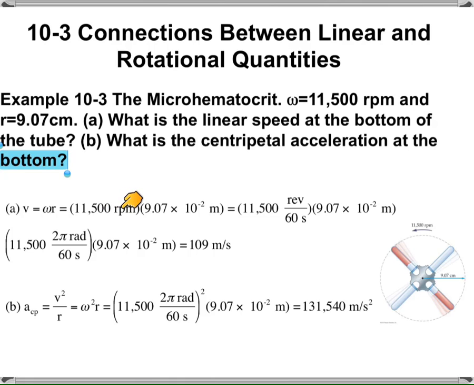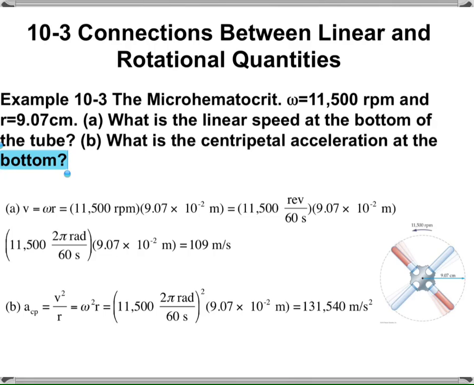But since omega is given in RPM, convert it first to radian per second. 1 revolution is 2 pi, and it takes 1 minute, which is 60 seconds. So at the end you find the linear velocity of the bottom part of the tube as 109 meter per second.